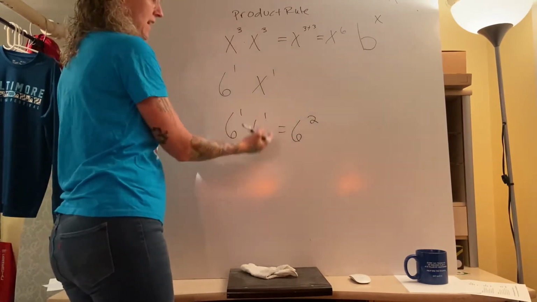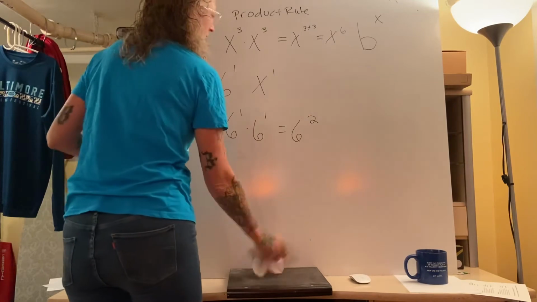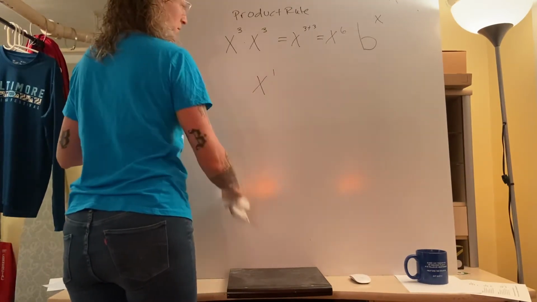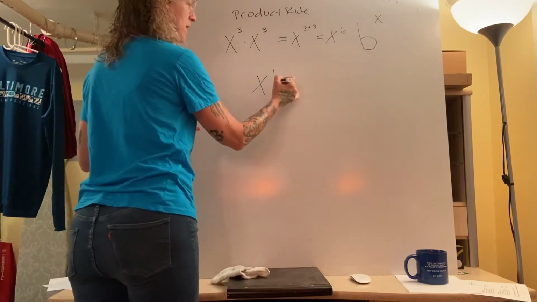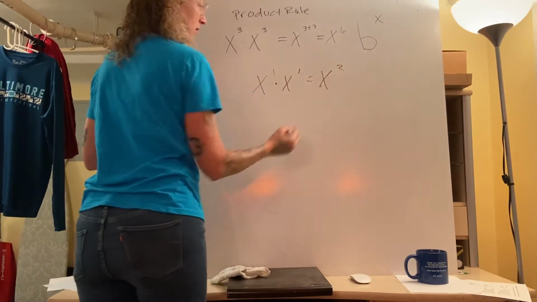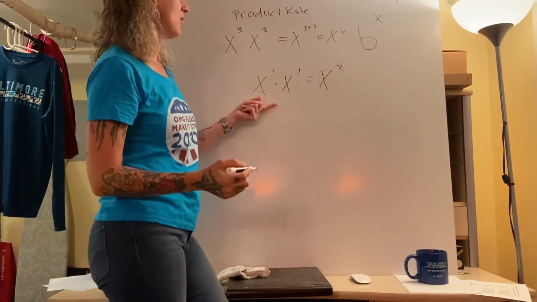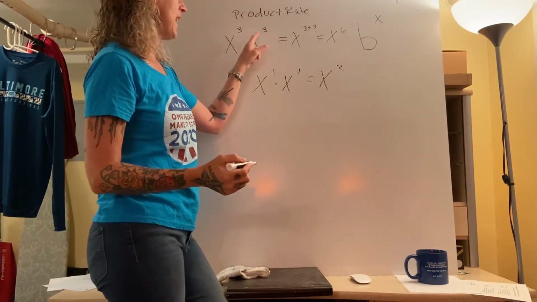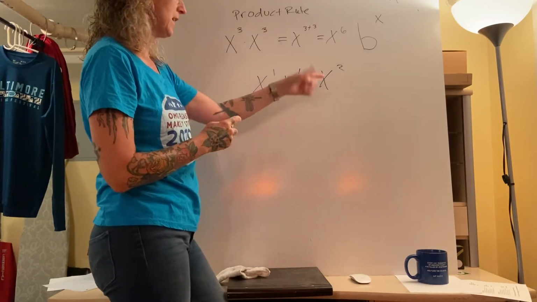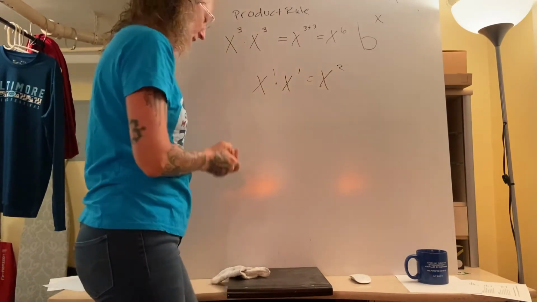So you're adding the exponents. If you have x times x, you have x squared because you have x to the 1 times x to the 1, which equals x squared. So if you just remember that, you can usually remember that you're just adding the exponents. If you were multiplying them, it would be x to the 1, and that wouldn't make any sense.